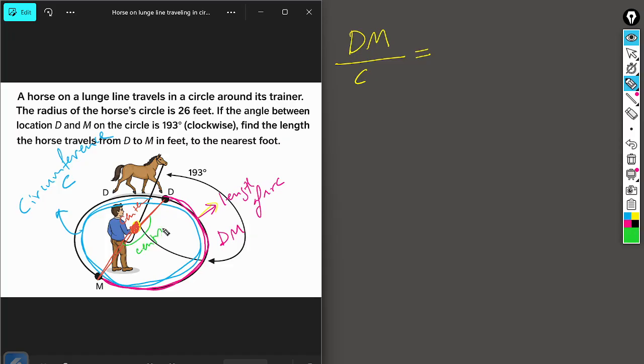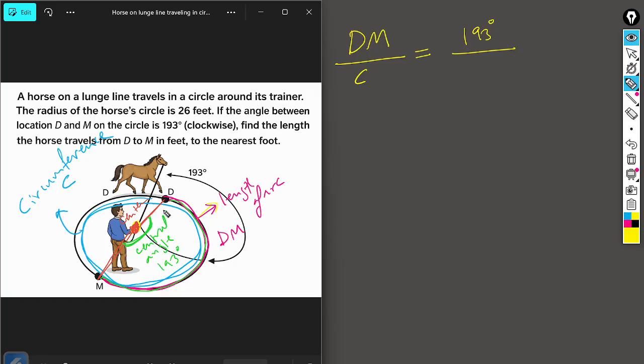We call this the central angle, and it's given as 193 degrees. And this angle fits with the arc DM. So if we have the arc DM, the central angle will be 193 degrees.